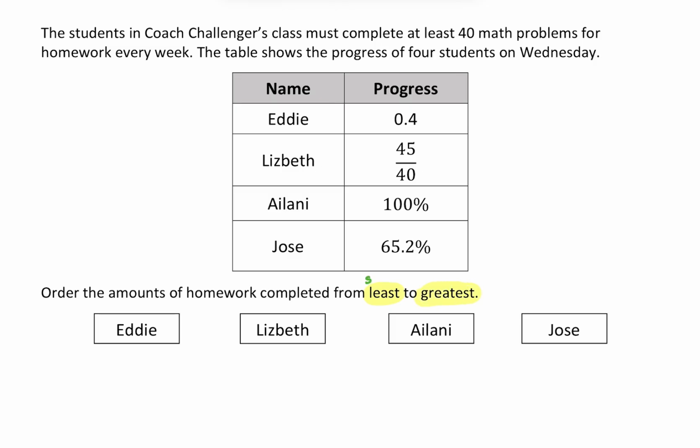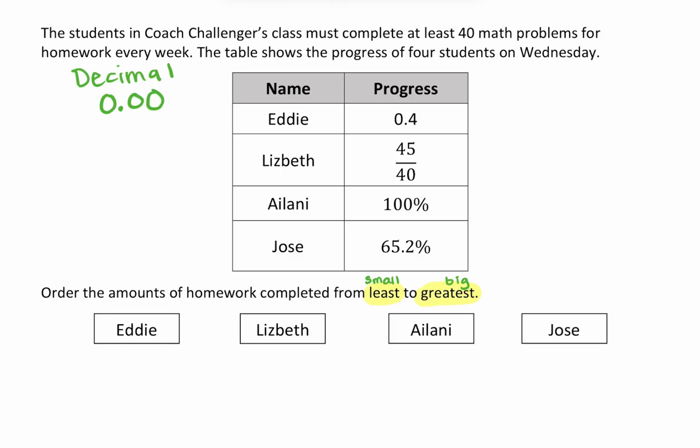So we want small to big. And again, I told you all of these numbers need to be decimals. So everything needs to be a decimal, and everything needs to be in this form. It needs to look like money.